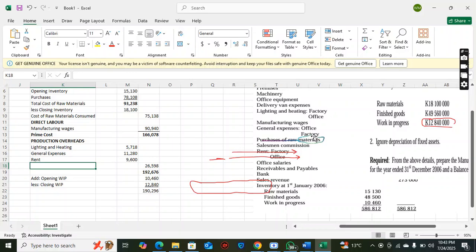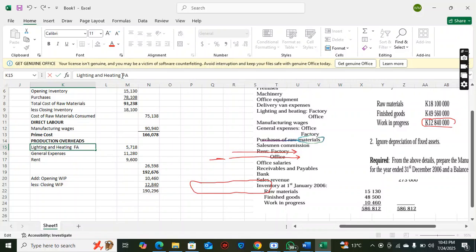General expenses factory, we put the amount. Maybe I should put it like this. I put factory here for static purposes. Is that okay, Mr. Twambo?